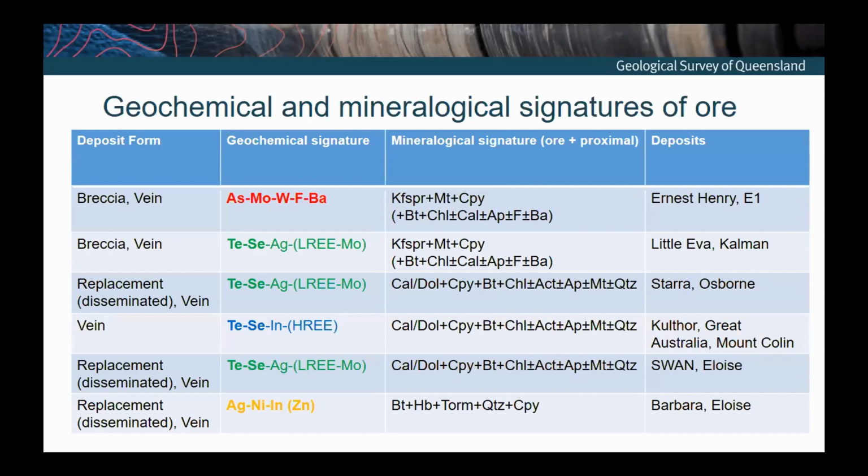Very distinct combination of proximal alteration assemblage and geochemistry, and a little bit of variation with other groups. And here I used a shorthand version to describe geochemical signature. There is no need to repeat that copper mineralization is anomalous in copper, so here I'm just listing the elements which make this particular class stand out from others.